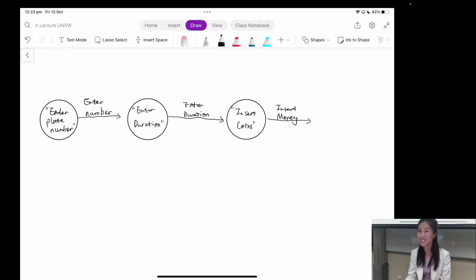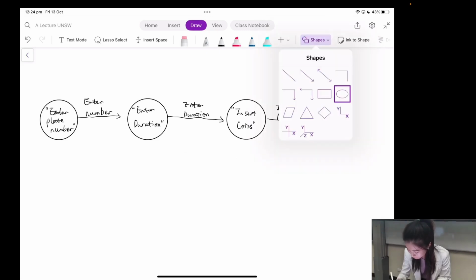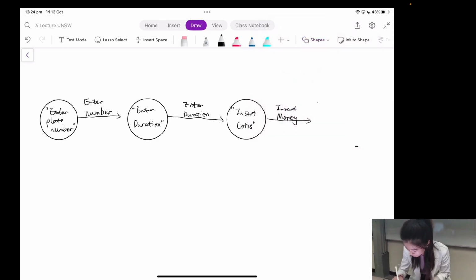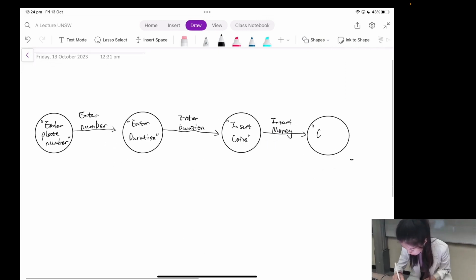So now you can park, right? So it's almost done. So the next state is confirmed.